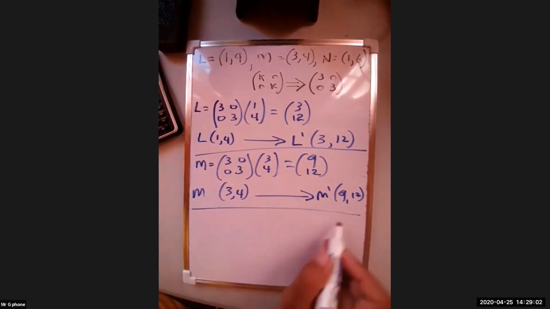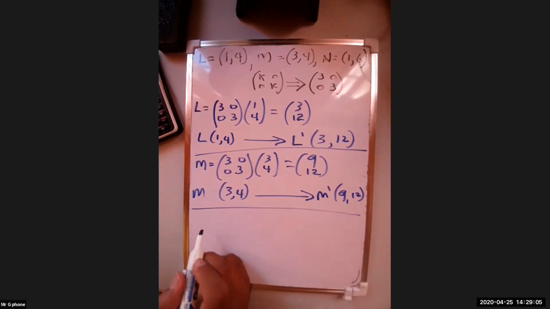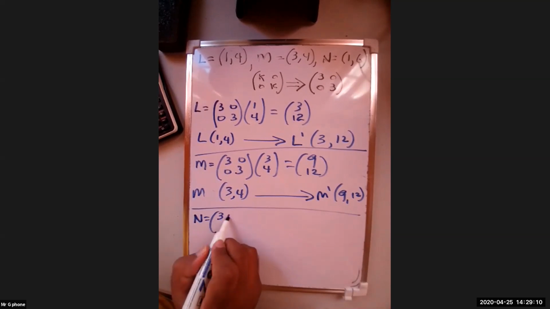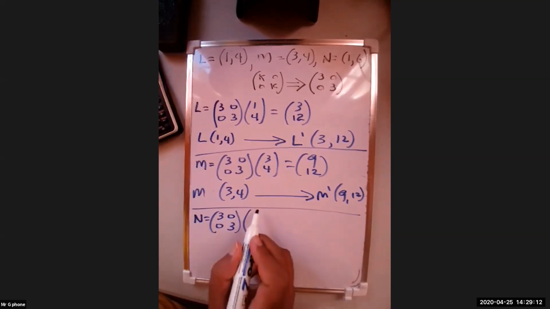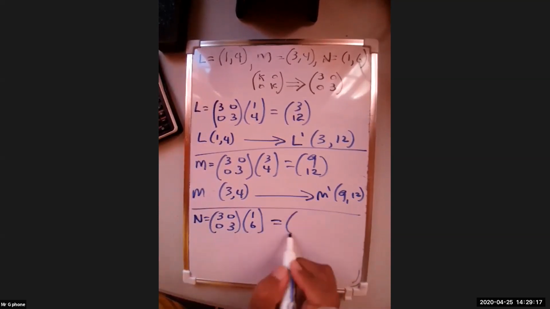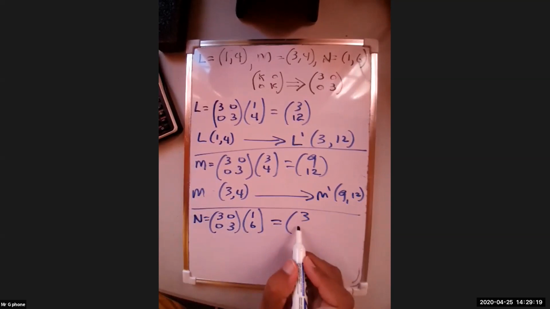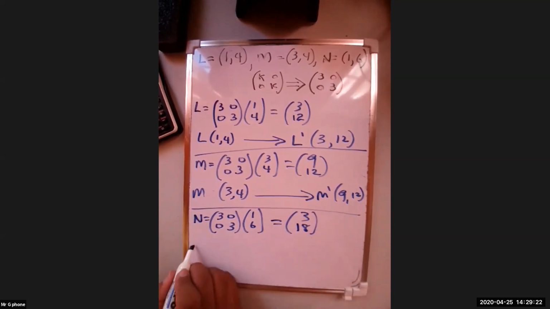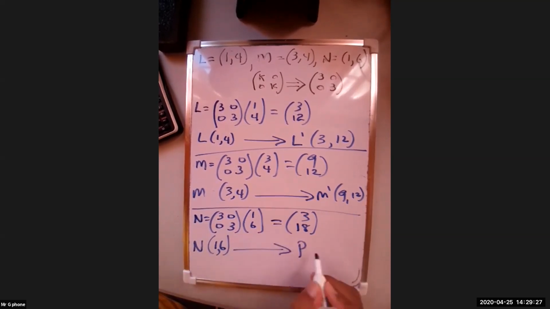And of course, the last one, we have N, which is 3, 0, 0, 3 and 1, 6. 3 by 1 will give us 3, and 3 by 6 is 18. So N, which is 1, 6, underwent transformation and is now N1, which is 3, 18. Do you have any questions so far?